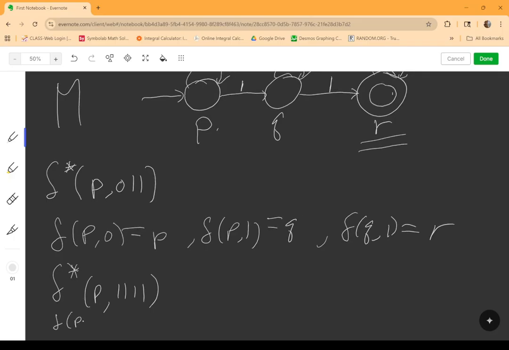We get delta P of 1, which moves on to Q. Then delta Q of 1 moves on to R, and now at R, the accepting state, the next two 1s just stay at R. So the whole resulting state here is R, and it reaches the accepting state. We'll wrap it up in the next video on how to design one of these DFAs from scratch for a given language.